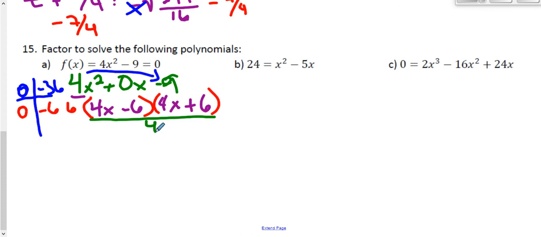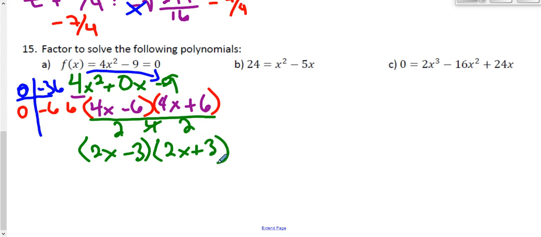Now, neither one of these can be divided by 4 evenly, so what we can do is break 4 into pieces. We're going to break it into its factors, 2 and 2, and divide them out one at a time. So we end up with 4 divided by 2, which is 2x, and 6 divided by 2, which is 3, so 2x minus 3, and this side would give us 2x plus 3. And now that's completely factored using fake factoring.